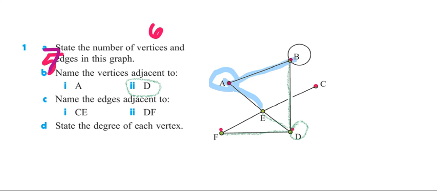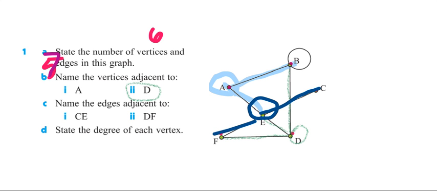Name the edges adjacent to CE. So we have CE here, so this will be EF because they both share the same vertex. And for DF, we will have FE because F is the common vertex in that.